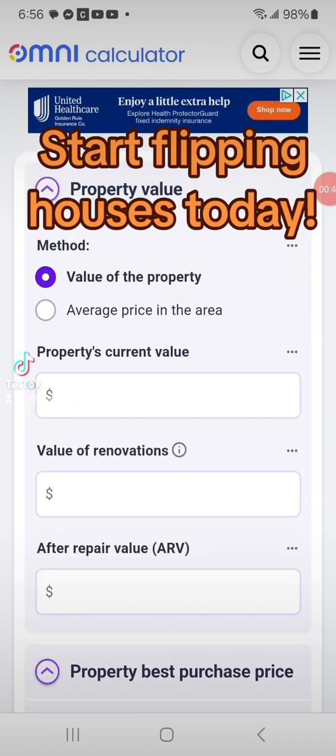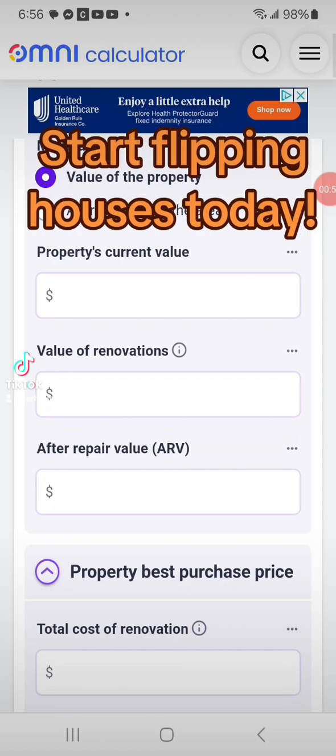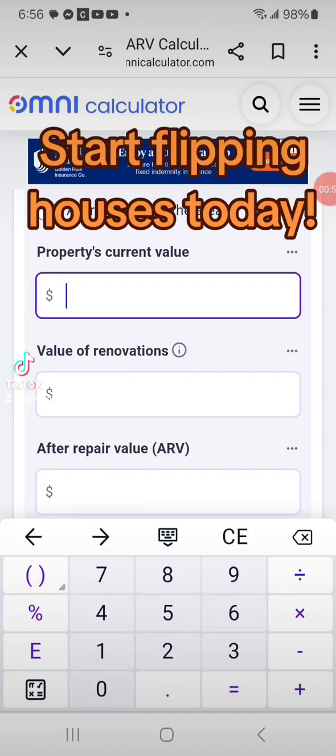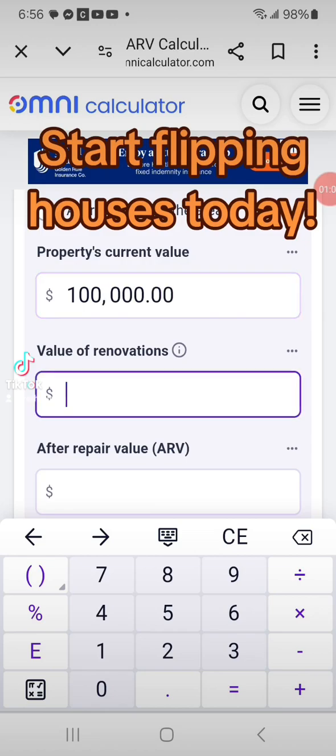Right here it says the value of the property is the value of the property that you're buying to flip. Let's say there's a property out there that is selling for $100,000 and the value of the renovations is going to be about 20,000.